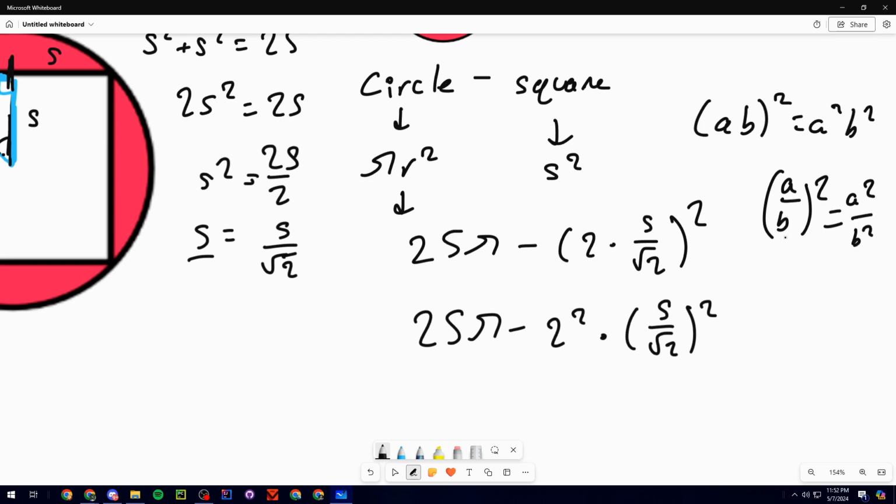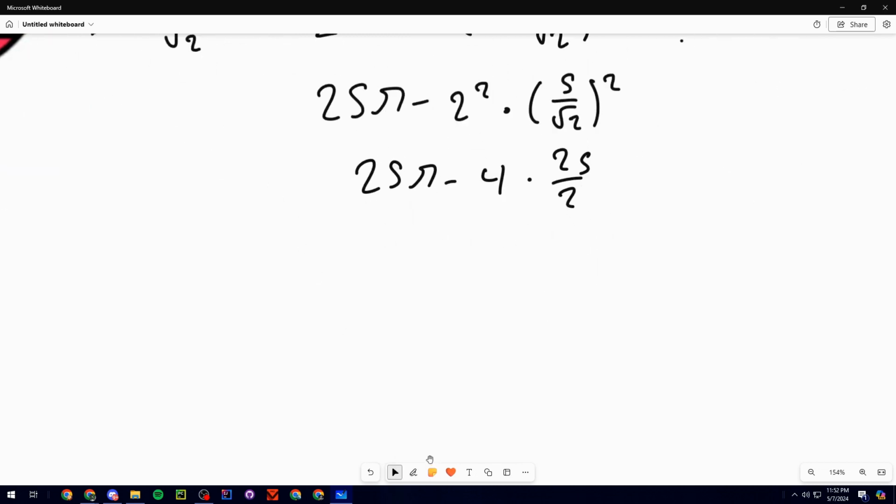The reason that's true is just fractions: this turns into a over b times a over b. Okay, so 25 pi minus 4 times 25 over 2. The 4 times 25 over 2 cancels out one of the 2s, so you're left with minus 50, and then you just have 25 pi.